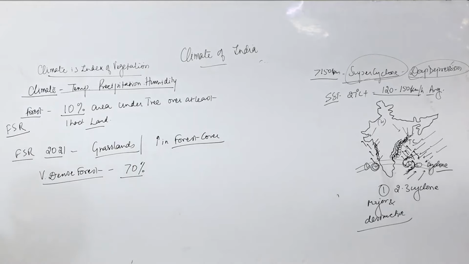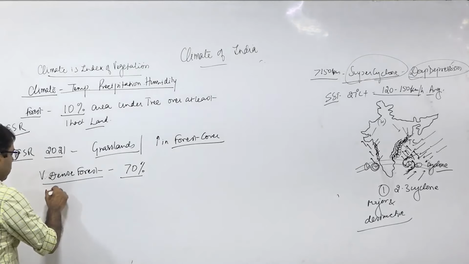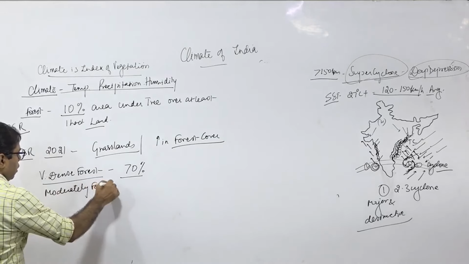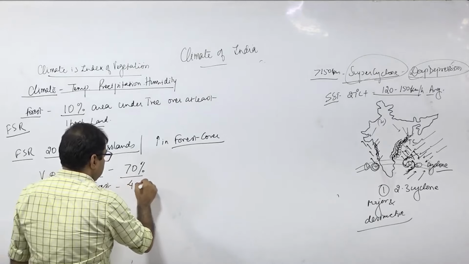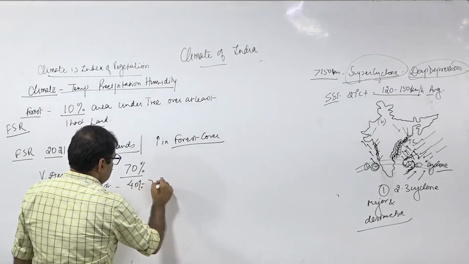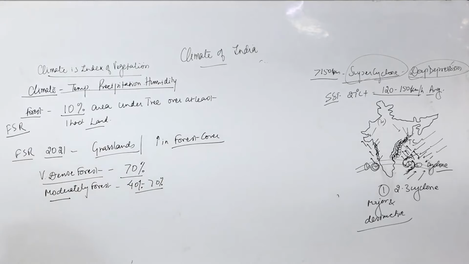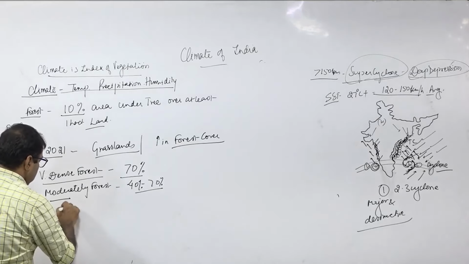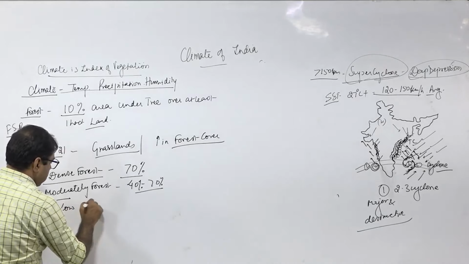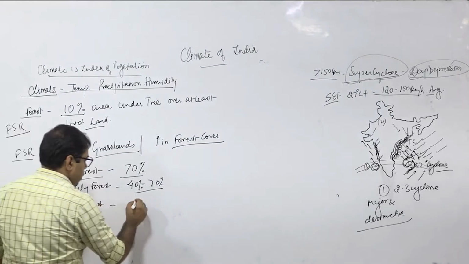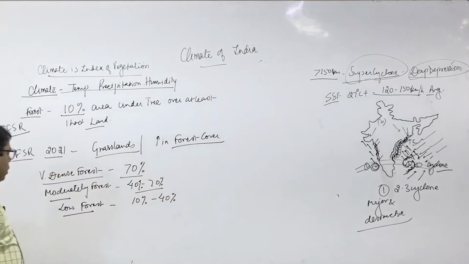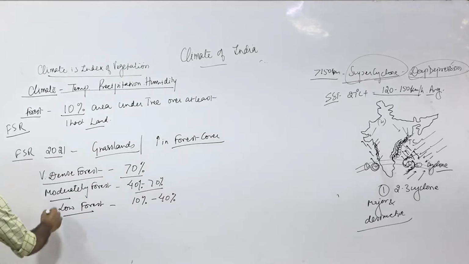It is called moderately dense forest cover where 40 to 70% of the area is under forest cover. Then low forest cover is 10% to 40% or less forest cover.